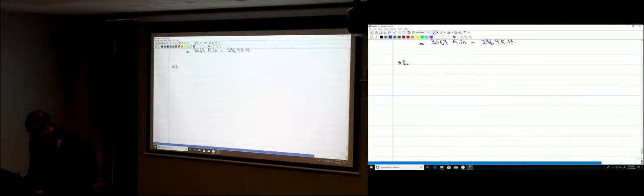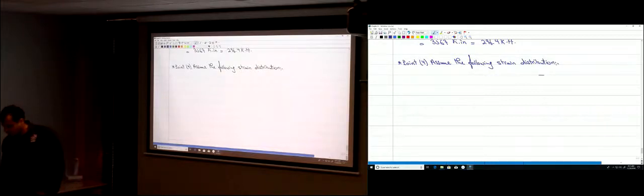So for point 4, assume the following strain distribution. We have our section like this.